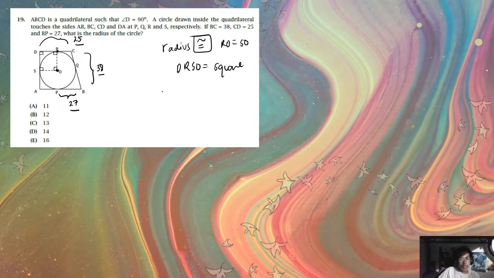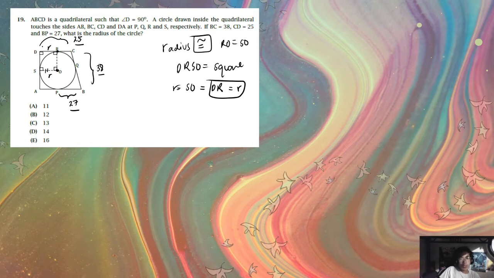Since we know that DR is parallel to SO, and SO is the radius of the circle, SO must be congruent to DR. So DR must have the same value as the radius.